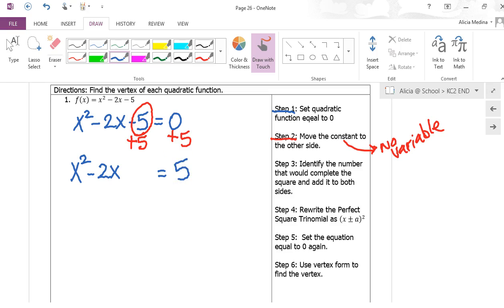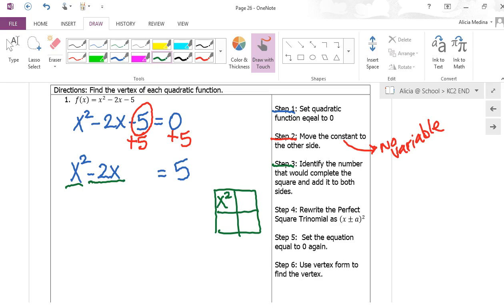Alright, next step says identify the number that would complete the square and add it to both sides. I'm going to do a Punnett square box then. That first term, x squared, I'm going to put in the top left corner. That middle term, I have to divide it in half.